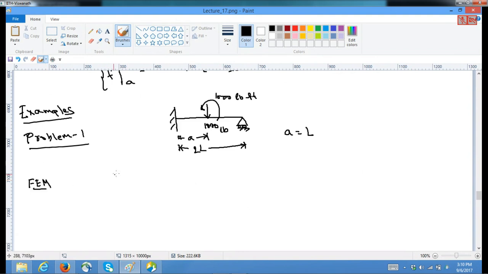far done? The first way I would like to try to solve this problem is by simply assuming that my discretization is such that it is node 1, node 2, and node 3. This is global node numbering.